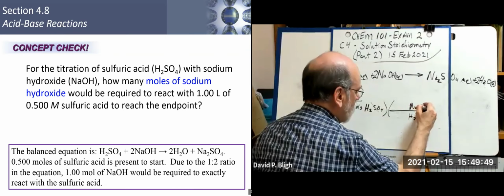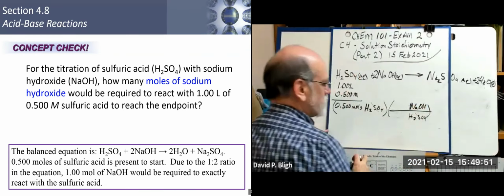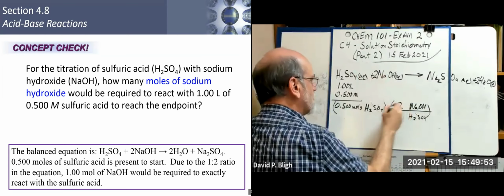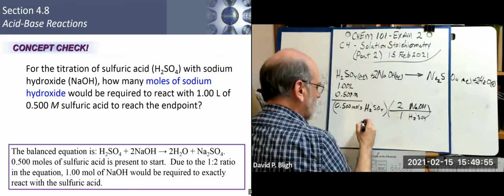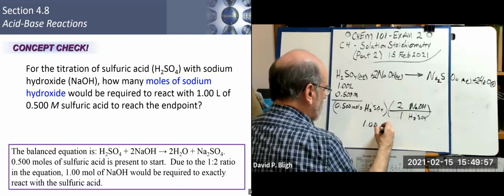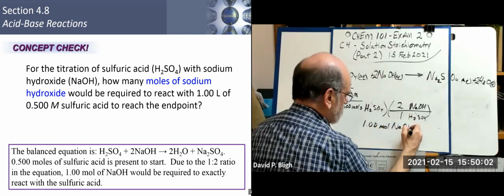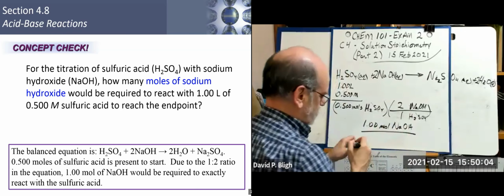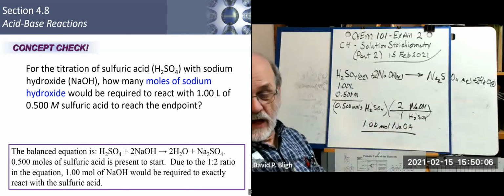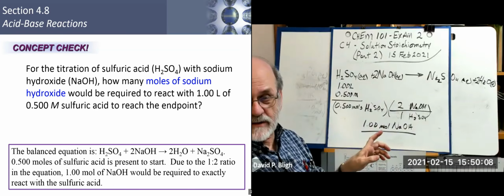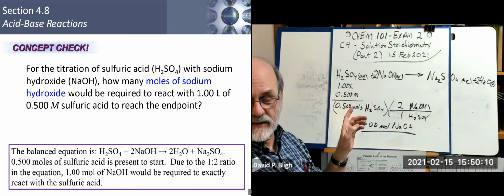And this would be the moles of sodium hydroxide required. So what's the ratio? Well, 2 to 1. So we need 1 mole of sodium hydroxide. Notice that it takes 2 moles of sodium hydroxide for every 1 of sulfuric acid.